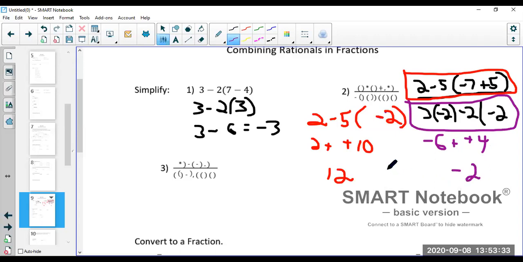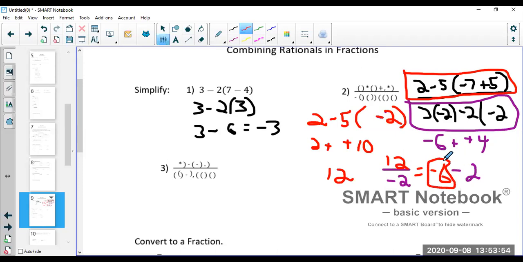So when we redraw that question in the fraction, negative 2 is on the bottom, 12 is on the top, and then we get our answer. So we go 12 divided by negative 2 equals negative 6 as our final answer.